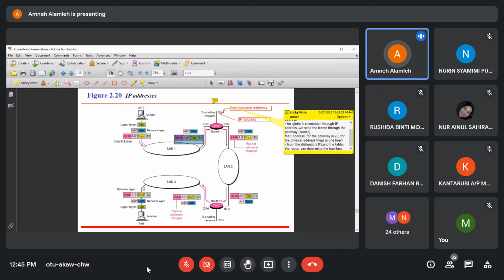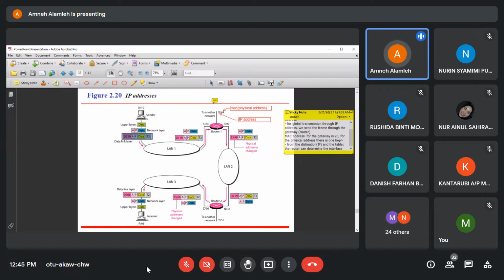The physical address is for 1 hop. The physical address can work for only 1 hop. So this physical address, when it arrives at router 1, has no more work. Now we have another hop to go from router 1 to router 2.